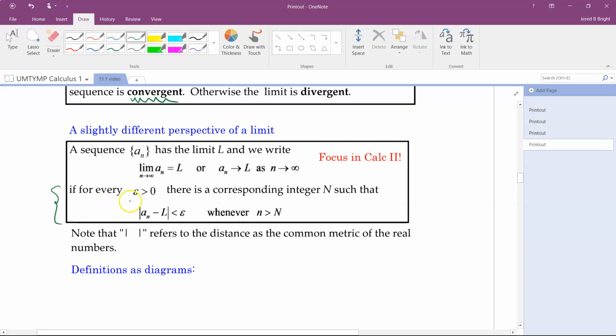But this just says for every epsilon greater than 0, there's a corresponding integer N, such that if we look at the distance, absolute value means distance, between the nth term of the sequence a_n and our limit L, that's less than epsilon. And epsilon, I can make it any number that's positive. This is saying I get really close to L whenever I'm at this number, which is fixed, or above.